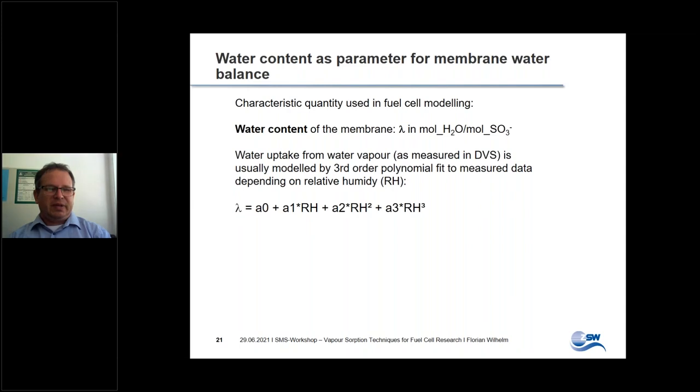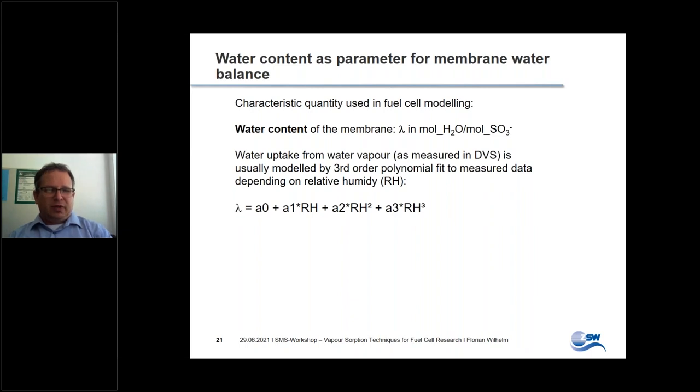So one characteristic quantity that is commonly used in fuel cell modeling is the water content of the membrane, and this is described as the quantity lambda, which is given in moles of water per mole of sulfonic acid group.